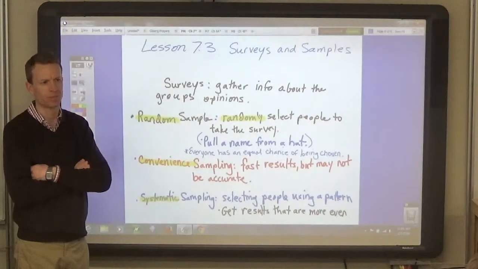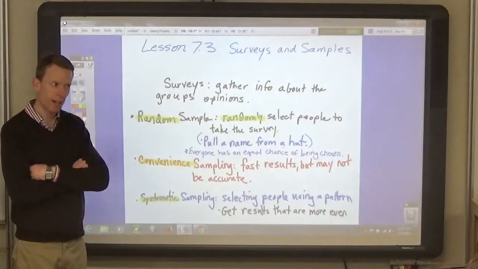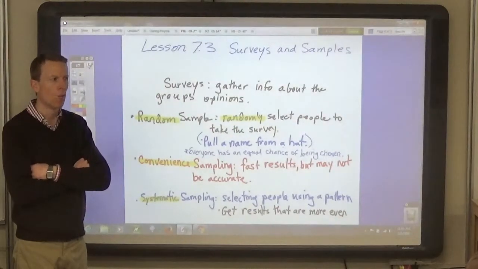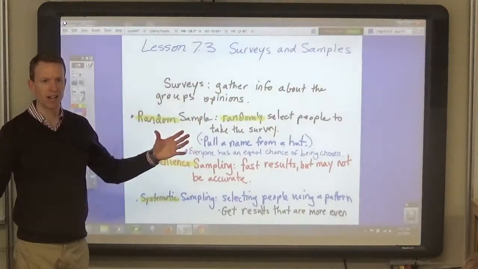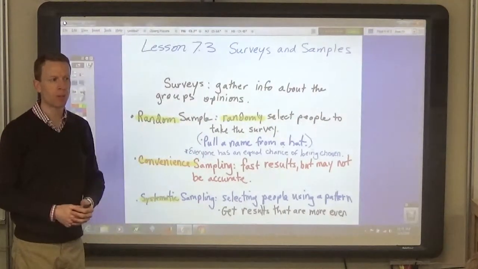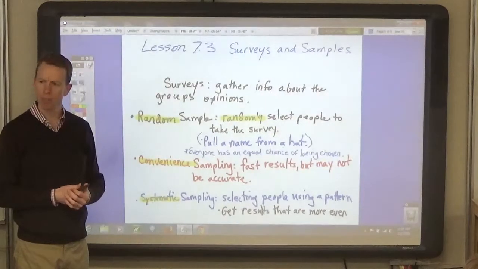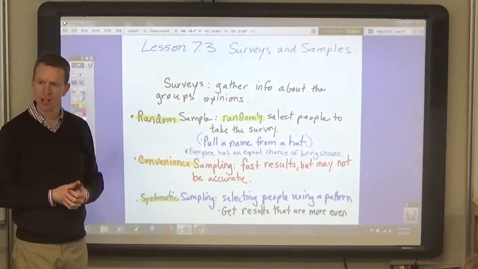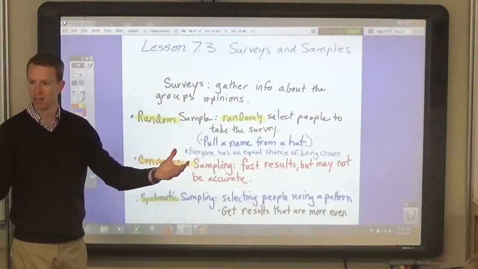Emily? You don't know if they're telling the truth. Okay. Yep. What if you pick out people randomly and 9 of the 10 people you pick are women? Does that represent the population? But if you select randomly, that could happen, couldn't it?